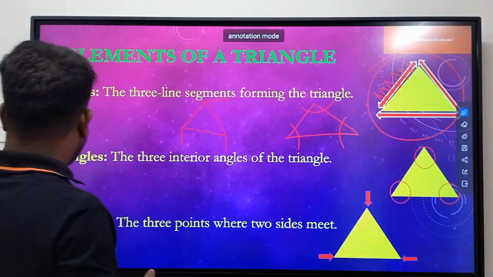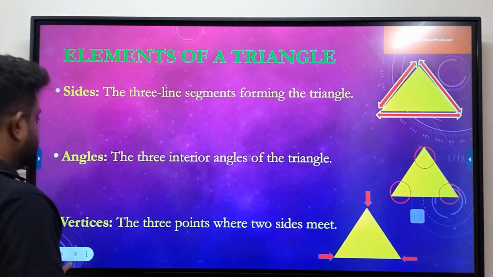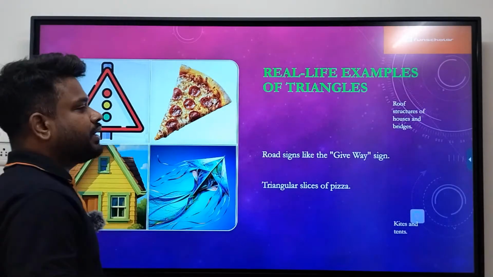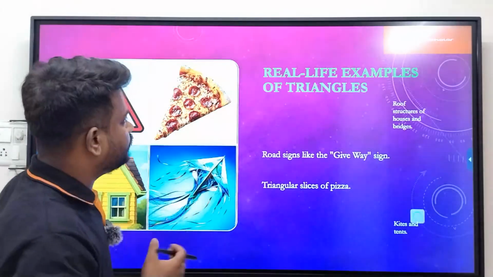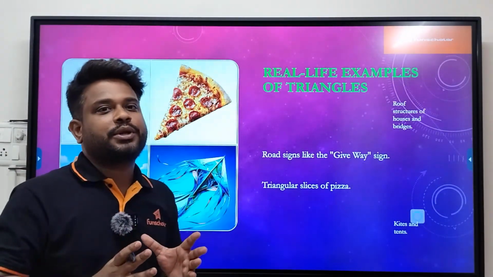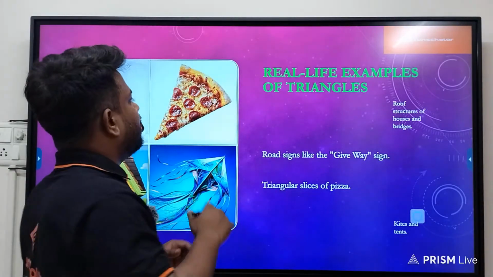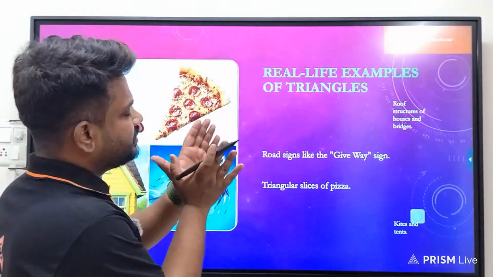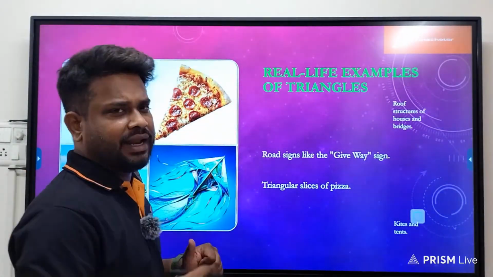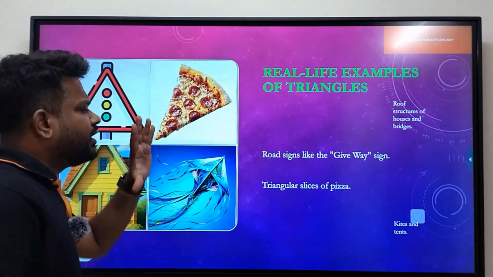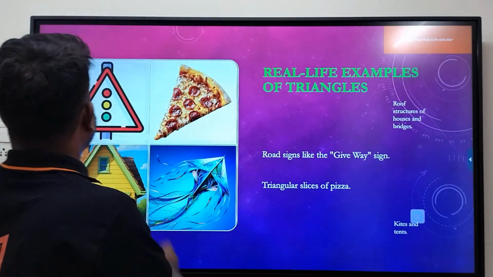Okay, so now let's go further, to real life examples of a triangle. And what did I tell you before, that samosa is a very good example in our daily life of a triangle. But talking about samosas, samosas don't make really a triangle, as they have some curved shapes.